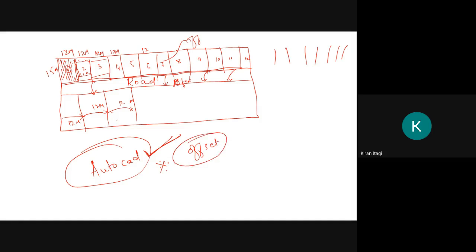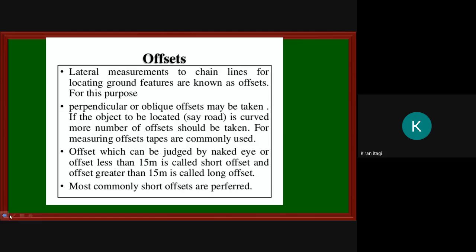I hope you have got some idea of what offset is. We have different types of offset: perpendicular offset, inclined offset, oblique offset. The most important is the perpendicular offset. So we will see them one by one.